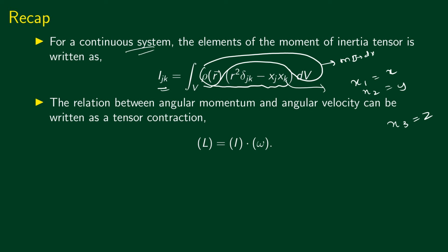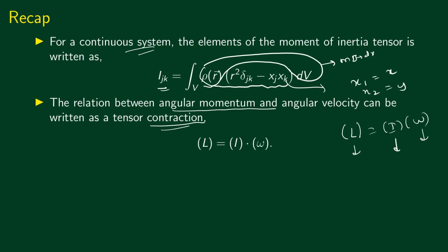Then we noted that the relation between angular momentum and angular velocity can be written as a tensor contraction. Earlier we wrote it as a linear transformation, a matrix equation, L is equal to I omega. Here we said that I, the square matrix, has the components of a second rank tensor. Omega has the components of a vector, which is a first rank tensor.